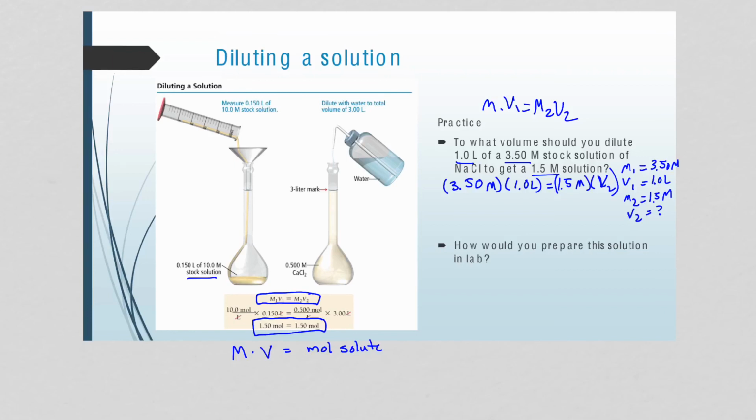So now we just need to solve for the volume. So I get 3.5 molar times 1.0 liters divided by 1.5 molar equals 2.3 liters. This is my V2.